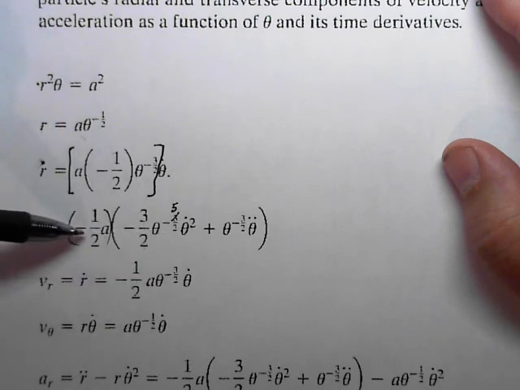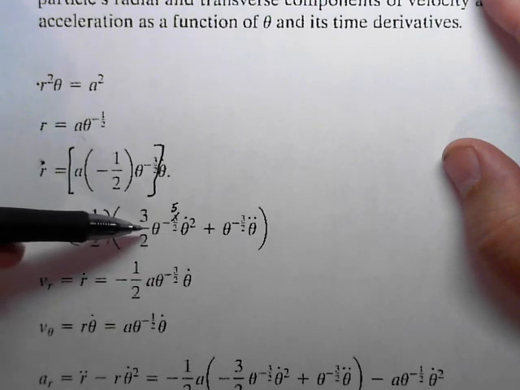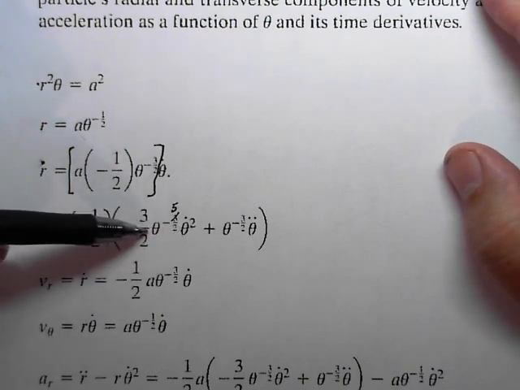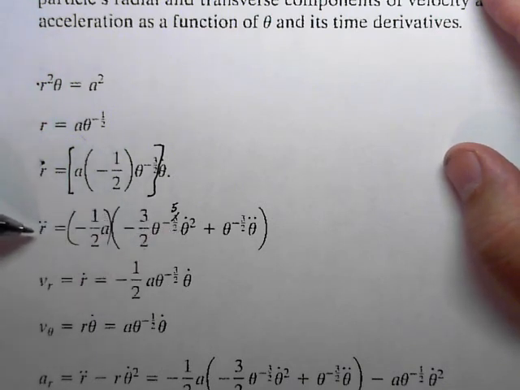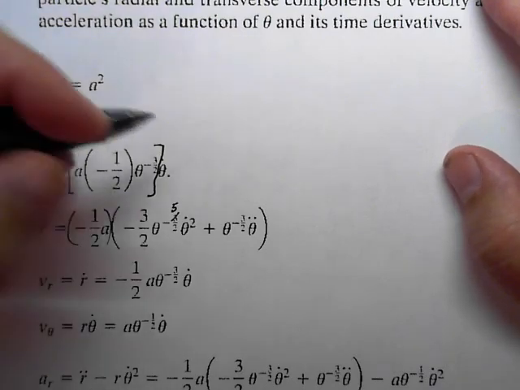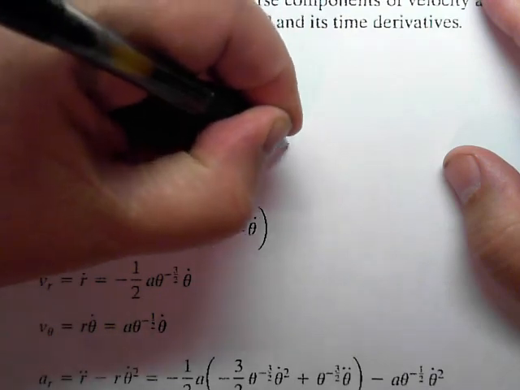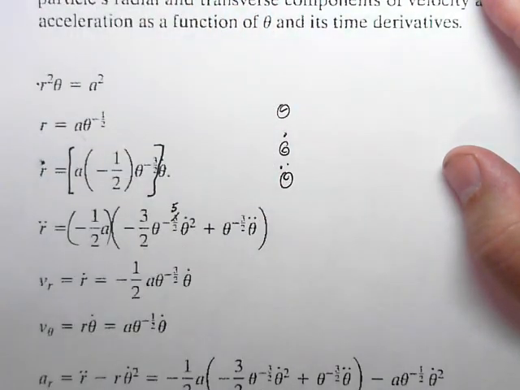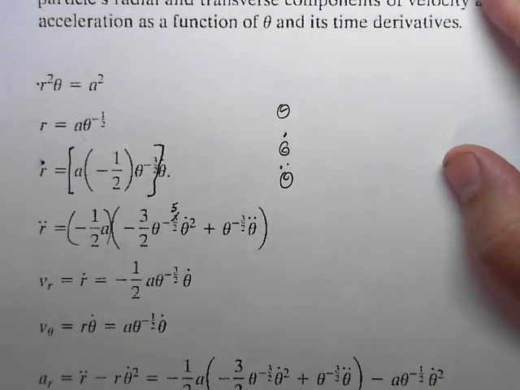Notice we now have the constant and we have terms involving theta and its derivatives. If we knew numerical values for theta and its derivatives, we could calculate a numerical value for r double dot. Now we have, in theory, theta, theta dot, and theta double dot, because we said we would presume we know those.